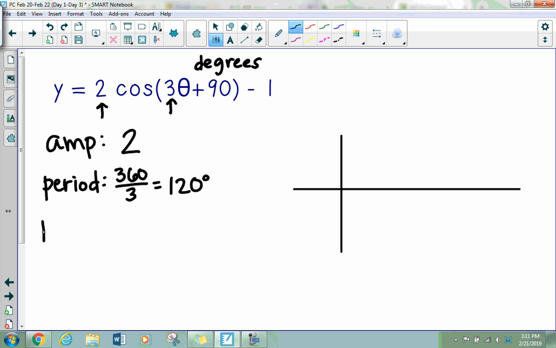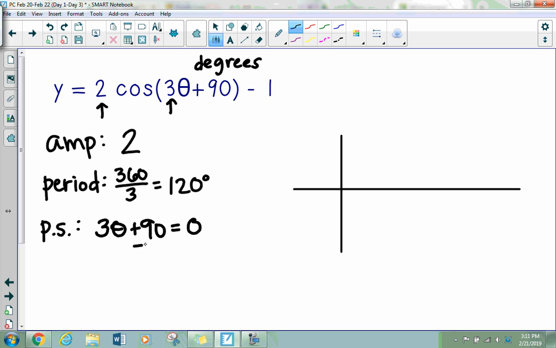Next, we look at the phase shift, which tells us how much the function got shifted either to the left or right horizontally. You see a phase shift by whatever is inside of parentheses. Now, if there's no parentheses in the function, then that just means it did not get shifted left or right. Since this one does have parentheses, to figure out how much it got shifted, you take what's in that parentheses, so 3 times theta plus 90, you set it equal to 0, and you solve for theta.